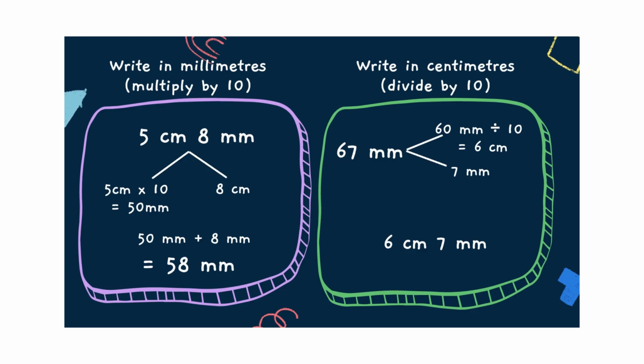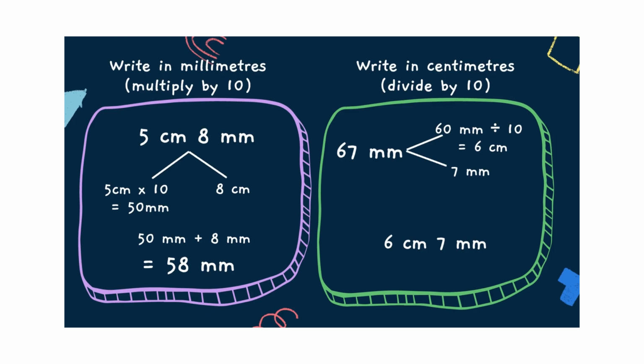Okay, so now, firstly, if I want to change 5 centimeter and 8 millimeter, I was asked to write in millimeters. So basically, I want to change this 5 centimeter and 8 millimeter. I'm talking about the purple box here. And I want to make it all millimeters. So what we do, as I said before, you have to multiply the centimeter given to you by 10.